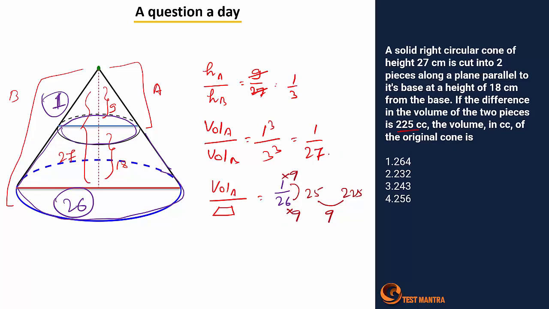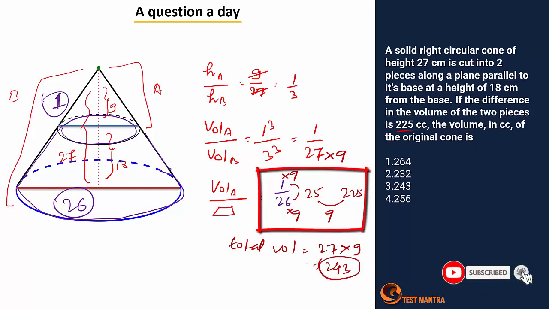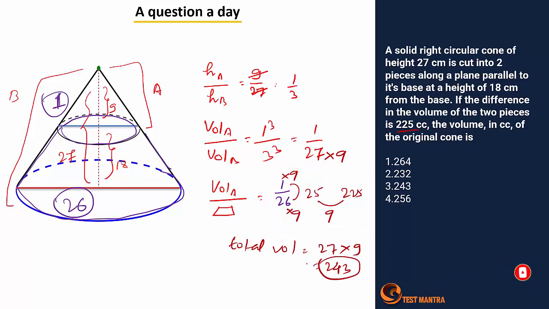I'll multiply this one with 9. That represents I should multiply this one with 9. That means the total volume now will be nothing but 27 into 9, or else that's nothing but 243, right? So 243 will be the value possible here, right?